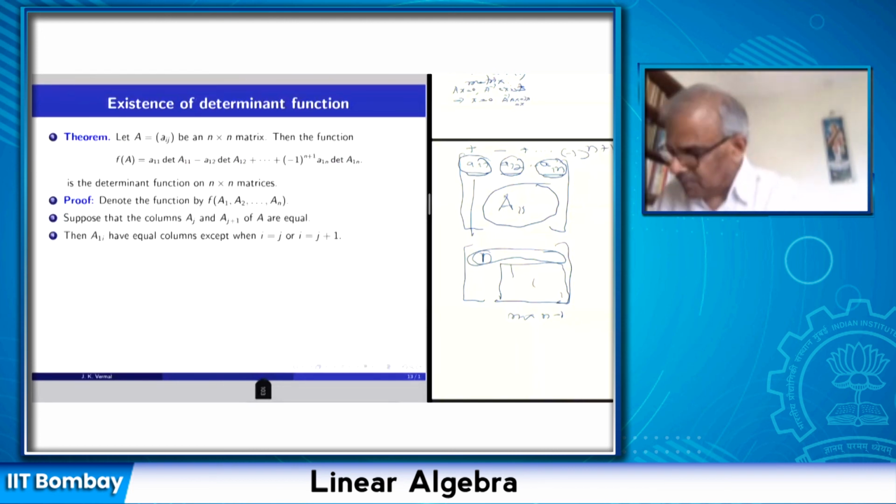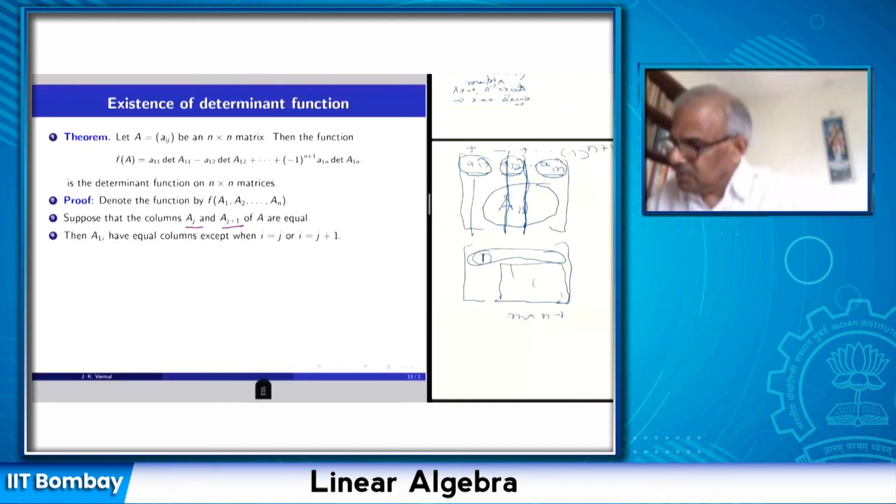So the alternating property. Suppose A has two identical columns, Aj and Aj plus 1. So these two columns are identical, Aj and Aj plus 1. Then I want to show that f of such a matrix is 0.